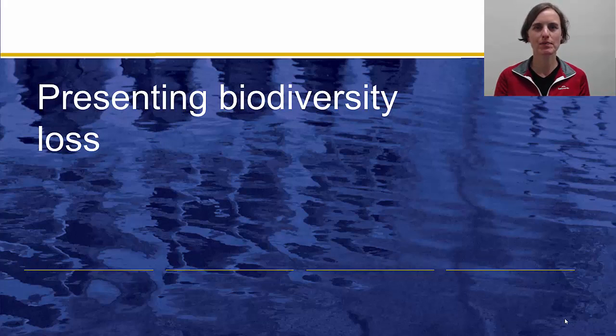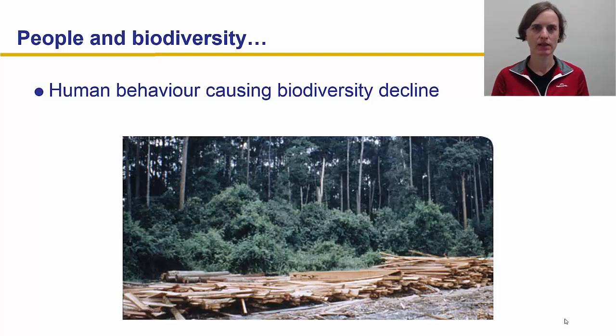Next, I'm going to talk about biodiversity loss and different ways to present this in maps, graphs, figures. The context of this biodiversity loss is going to be land use changes. Human behavior is causing a massive biodiversity decline all over the world, primarily by deforestation and land clearing for agriculture.